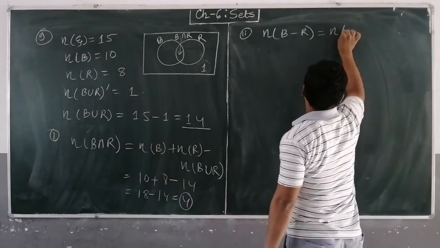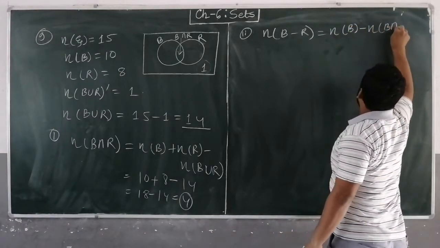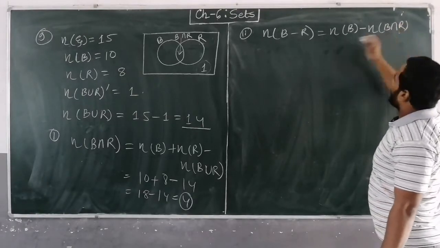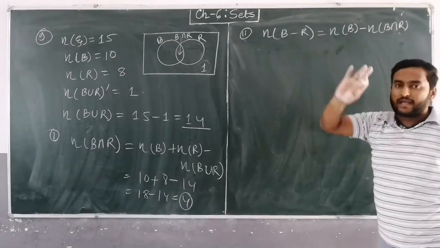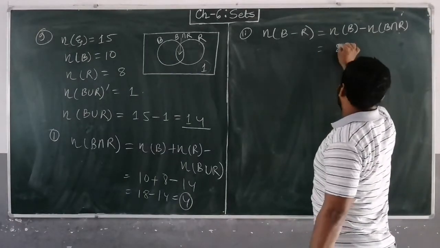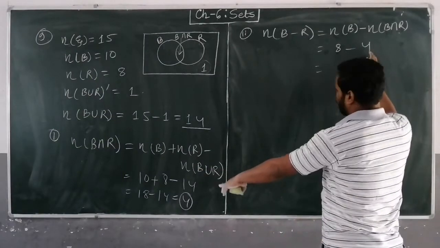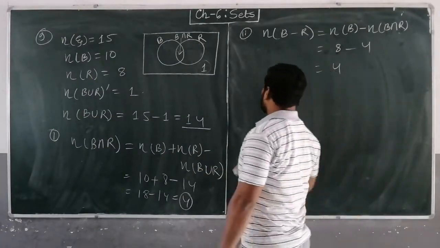So here in place of A it is B minus cardinality of B intersection R. B minus R means only bangles. The cardinality of B is 10 and the intersection is 4, which we calculated in the first part, so that will be 6.